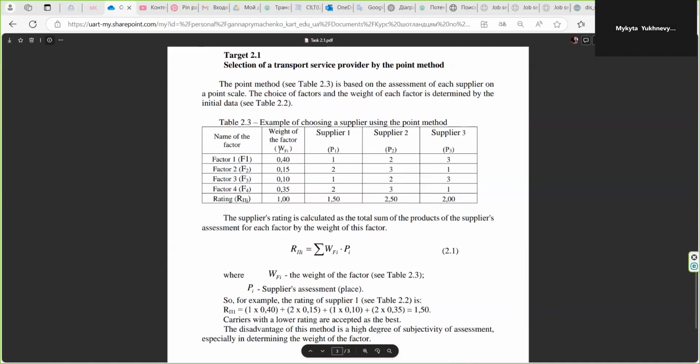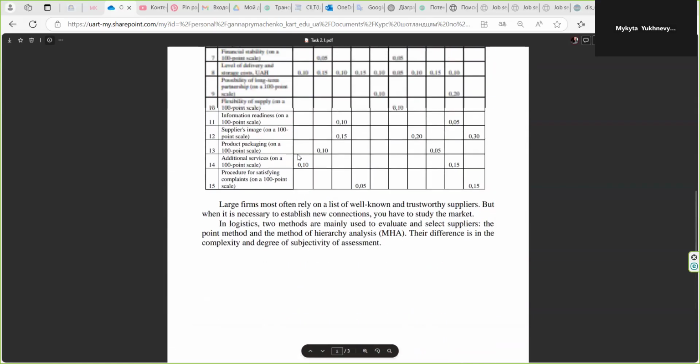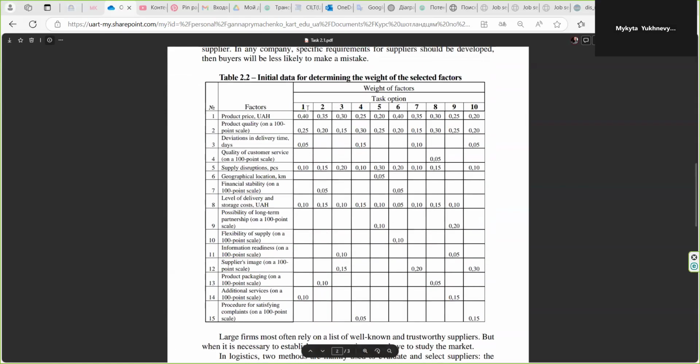The second column is the weight of the factors. We could write this letter W with index F with index I. And we find this weight of the factors in table 2.2. For example, for your first variant, your column in table 2.2 will have the weights of the 6 factors.